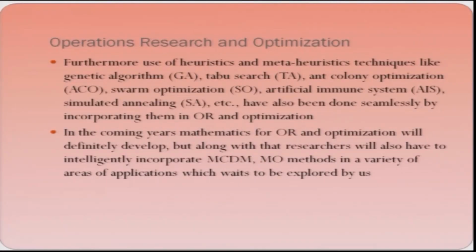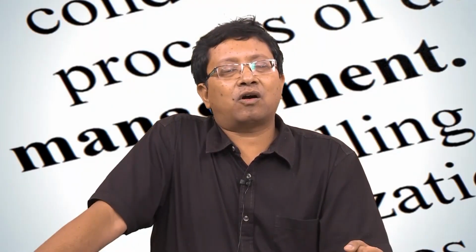In the coming years, it is thought, and definitely with a positive viewpoint, that the area of multi-criteria decision making and multi-objective programming, where you use different tools and advancements of optimization, will grow, so that you can optimize two different objective functions in front of you.